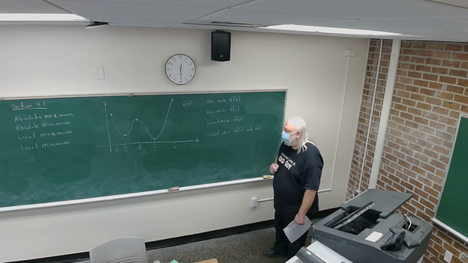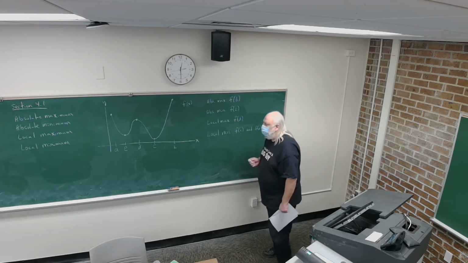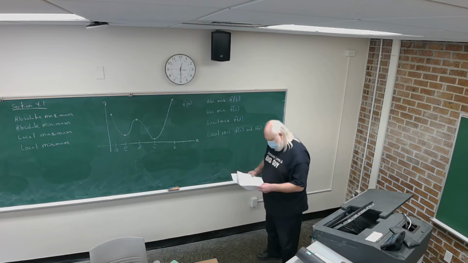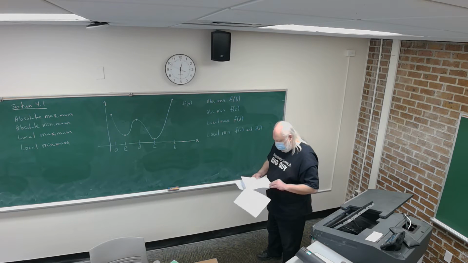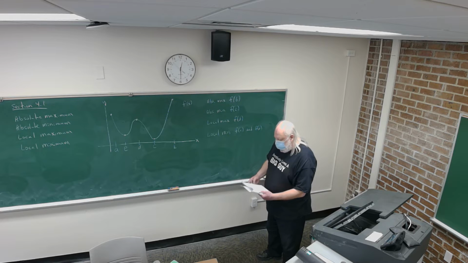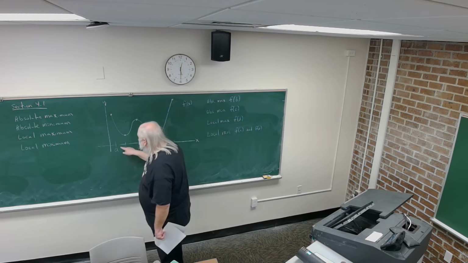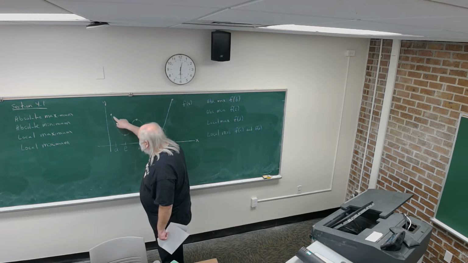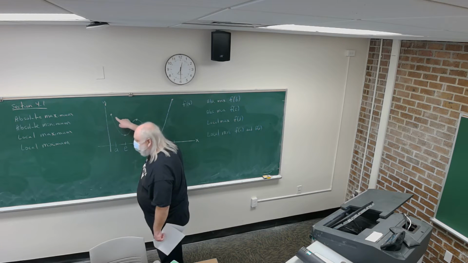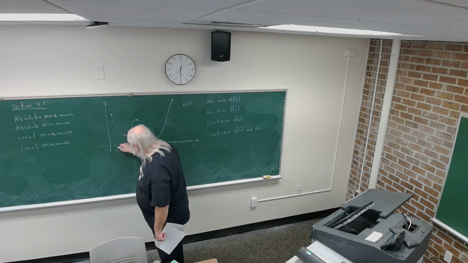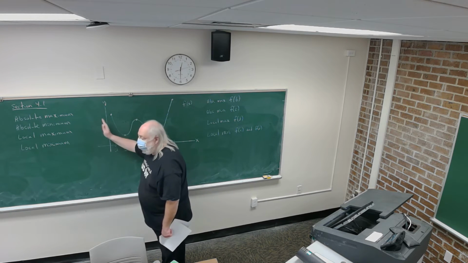Okay. So f of a wouldn't be a local maximum? No. And the reason for that, from our definition 4.1.2, and the textbooks used to word it this way, is that for it to be a local maximum, the value of the function has to be greater than all the values of the function for x near there, but it has to be to the left and to the right, and there's nothing to the left.